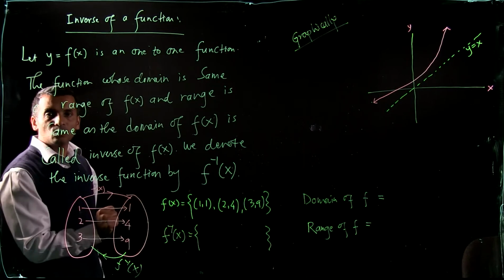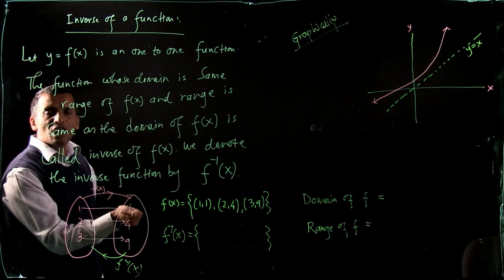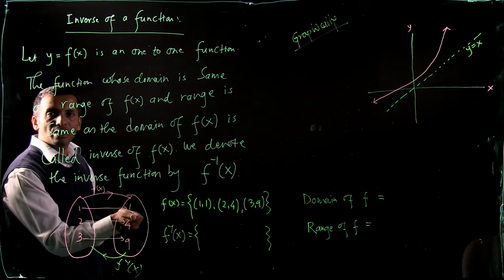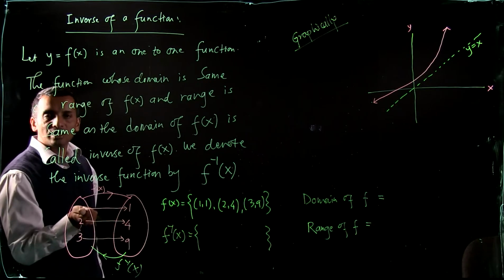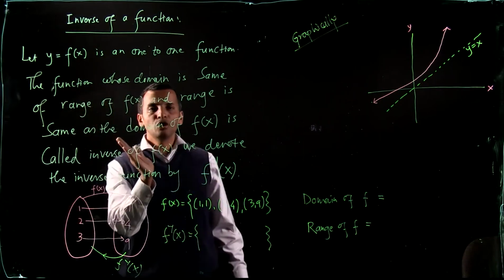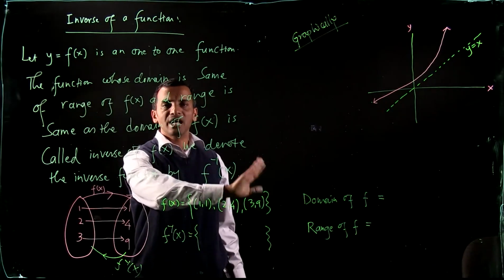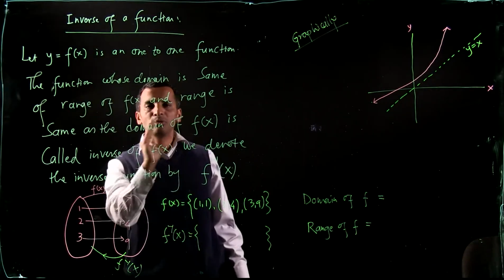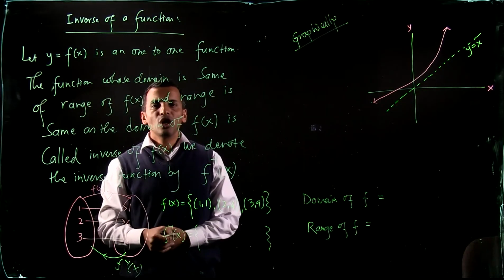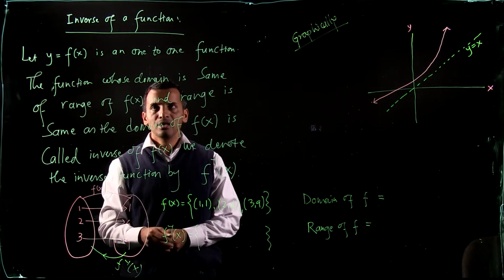Similarly, each element in the range must have only one pair in the domain. So if each element in the domain has only one pair in the range and each element in the range has only one pair in the domain, then we call that function 1 to 1.